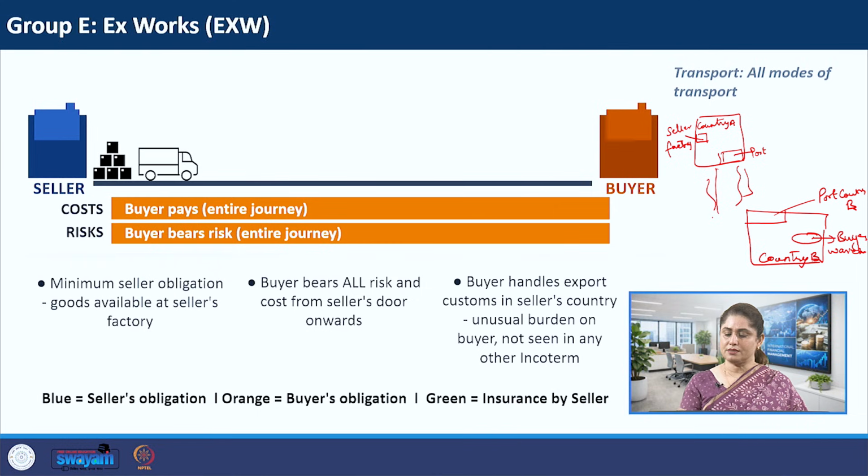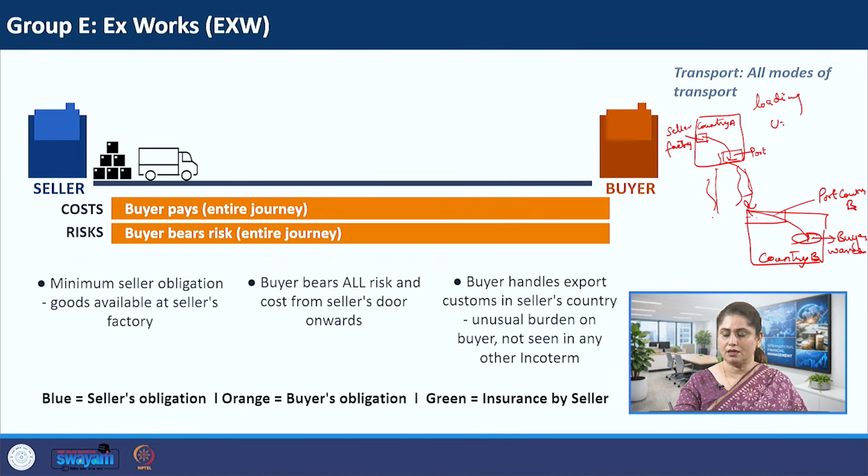So first, if the seller wants to sell, the goods should reach the port, then they should travel the whole sea, then they should reach the port of the destination country, then they should reach the buyer's warehouse. So it is a very long process, and moreover there has to be loading and unloading every time.